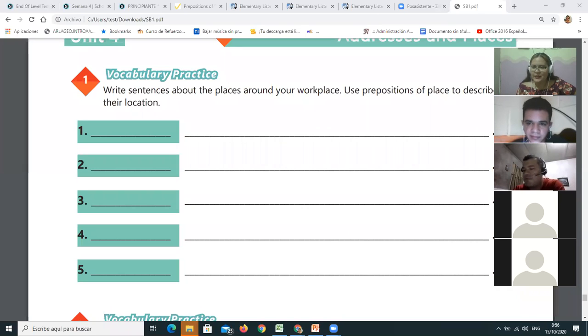Thank you. Isabel, tell us a little bit of your workplace. Okay. Teacher, acá está lloviendo muchísimo. No sé si me escuchan. Sí te escuchamos. The CNR is found in front of the Polo Real. The CNR on the Alameda Roosevelt.